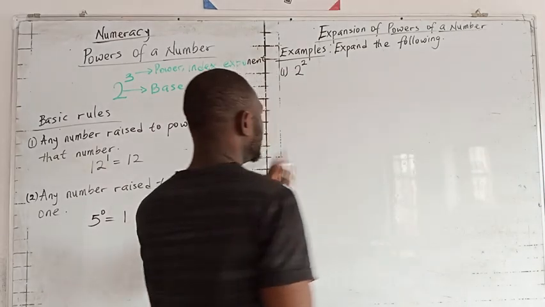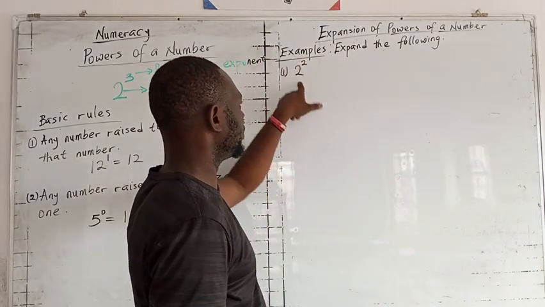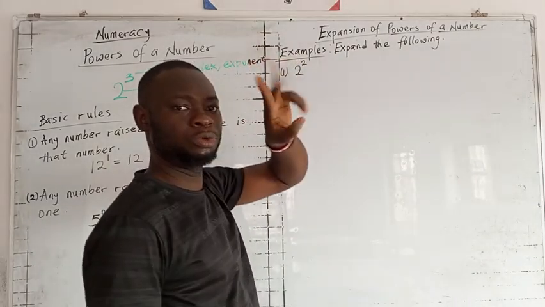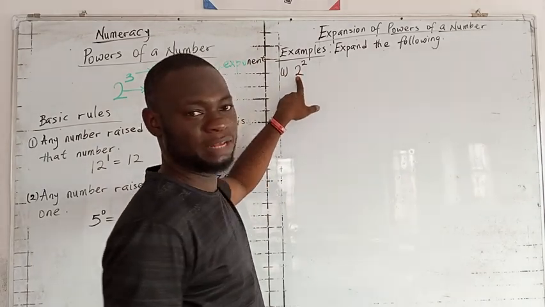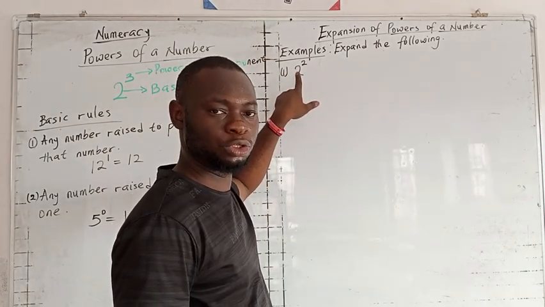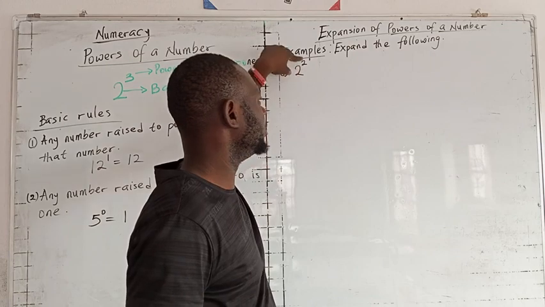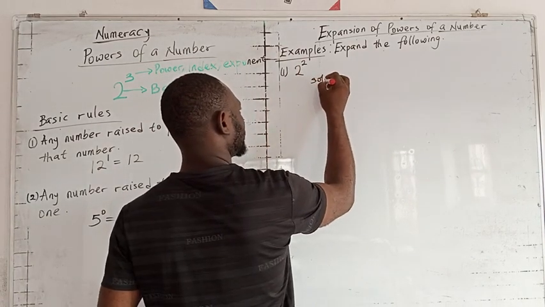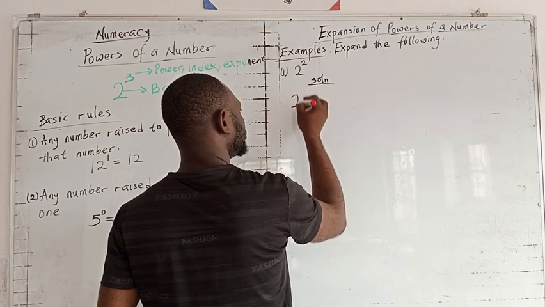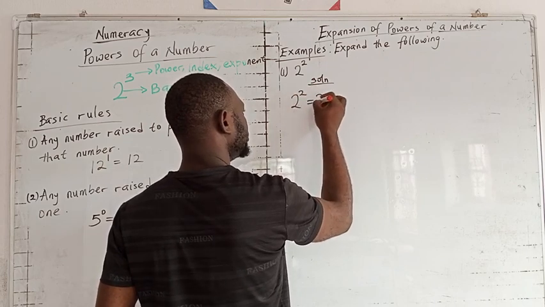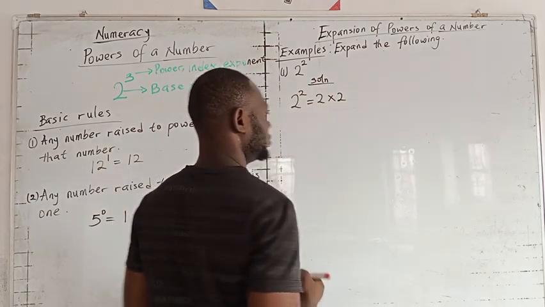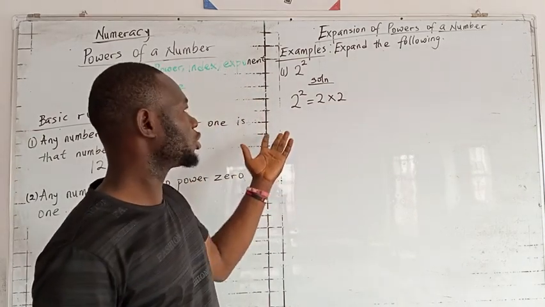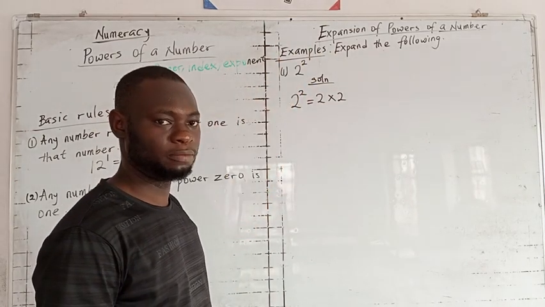So since this is 2 raised to power 2, what is the number of the power? 2. So we multiply the base number, which is 2, in 2 places. So solution: 2 raised to power 2 simply means 2 times 2. And we are done. This is what we call expansion of powers of a number.